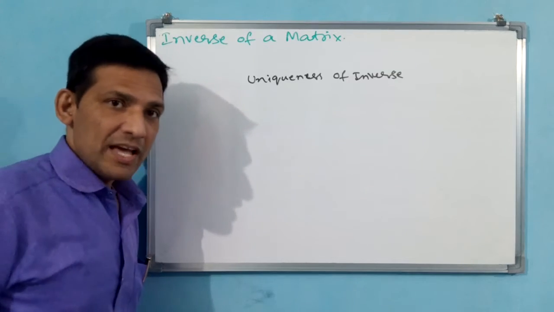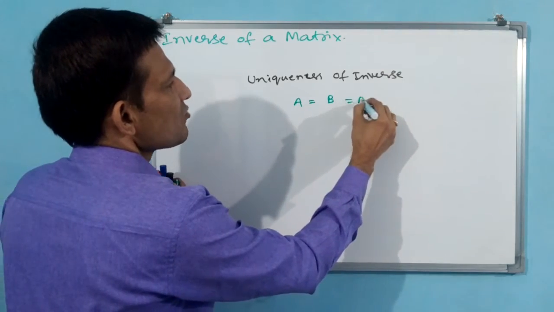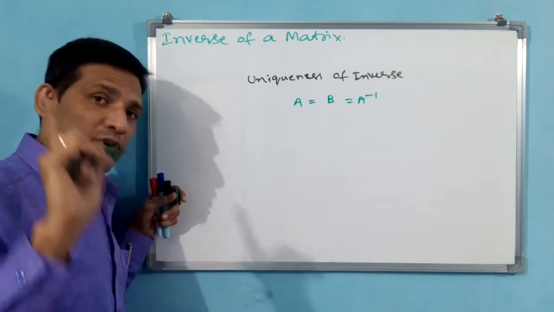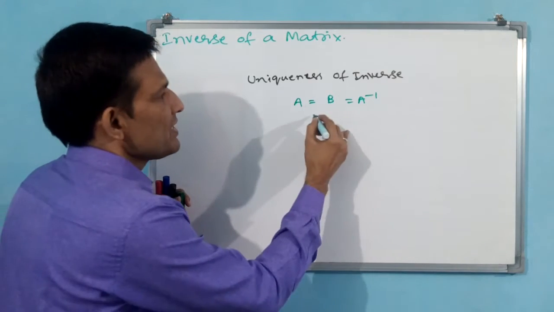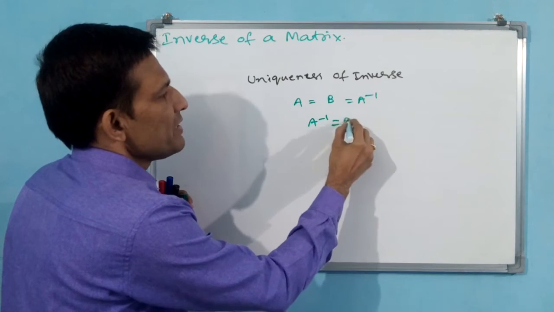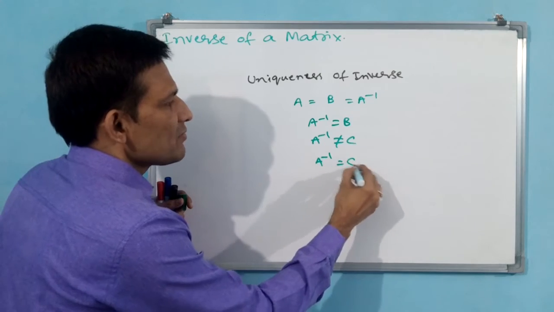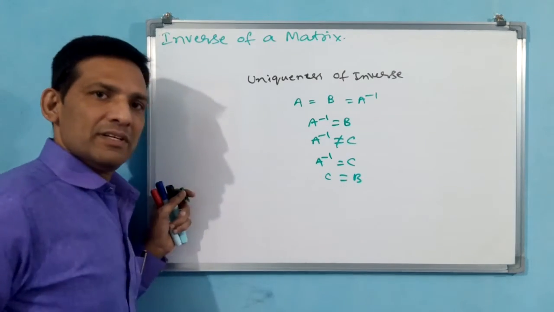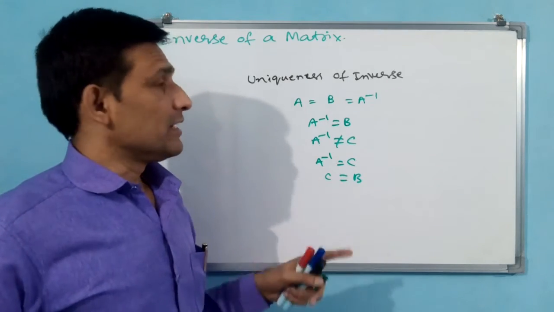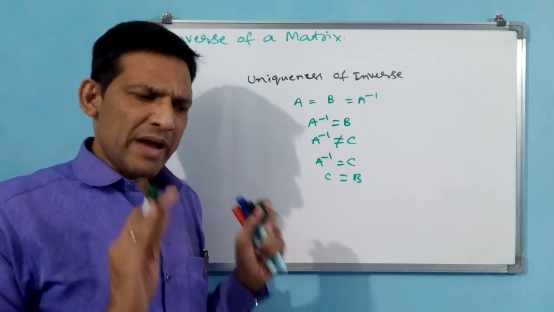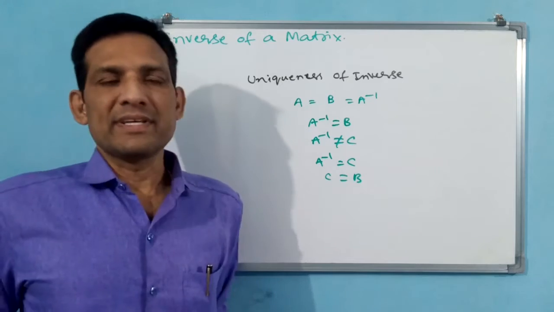That means A has one inverse B, that is A inverse. That means only one inverse. A inverse is B, but A inverse is not C. If at all A inverse is equal to C, then C is equal to B, because both should be the same. Uniqueness of inverse means one matrix has only one inverse. One matrix doesn't have two inverses.